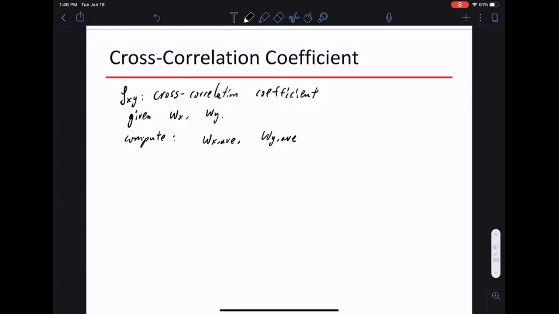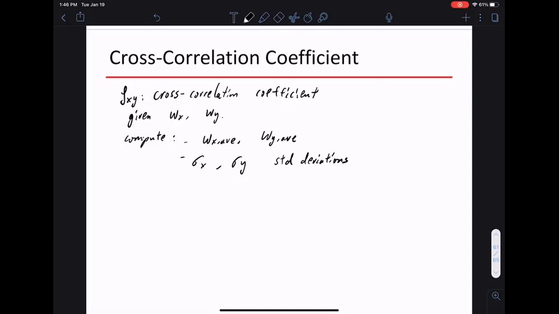These are the things we need to compute before we get to this number. We also need to compute sigma x and sigma y, which are the standard deviations for each of them individually. So let's compute all these terms for each of these random variables individually.